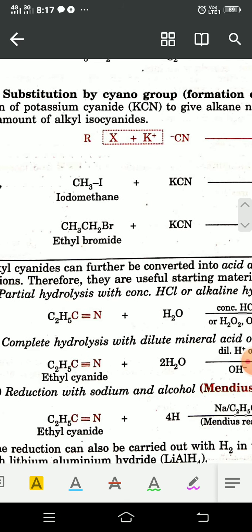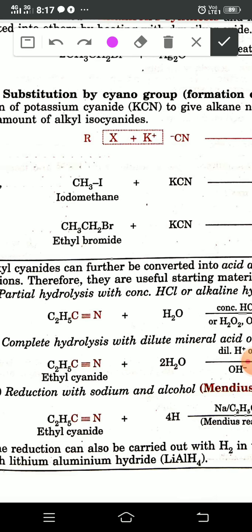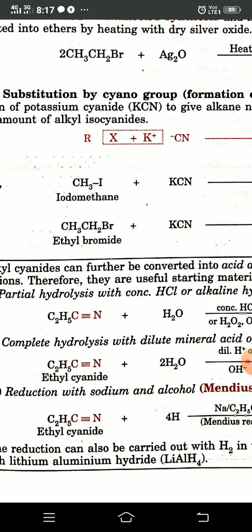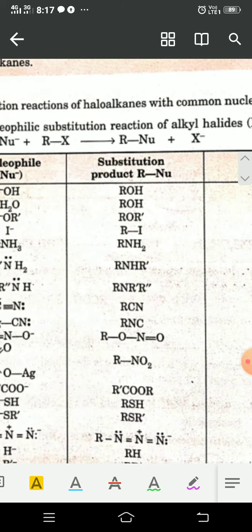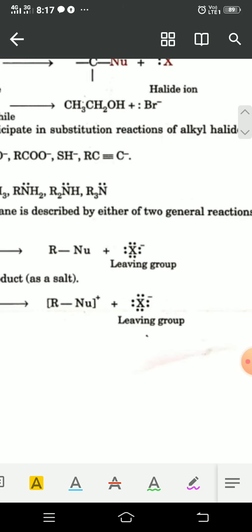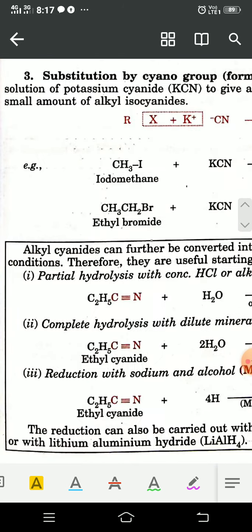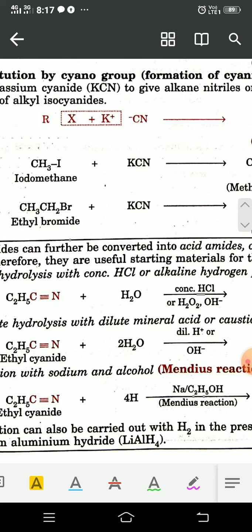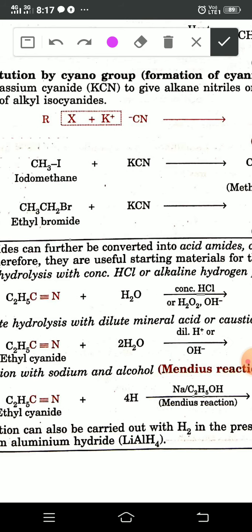So, these are the examples of reactions. See here, this is the reaction of alkyl halide with KCN. The product here is alkyl cyanide.